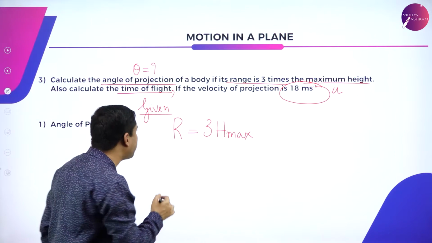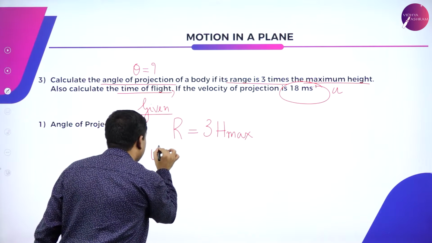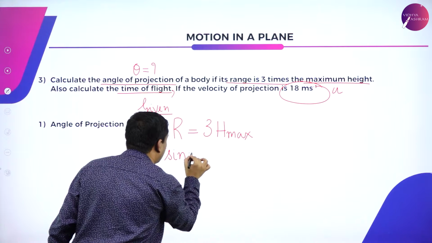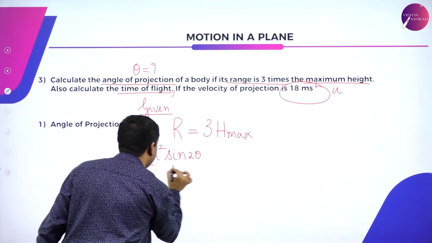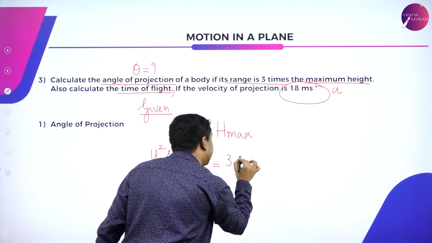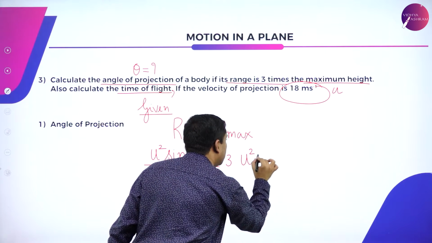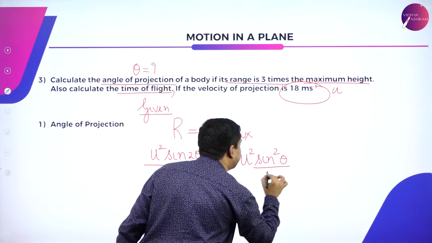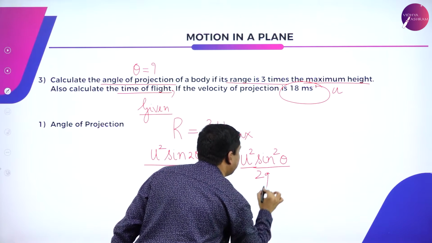Now, what is the expression for range? U square sine 2 theta by g is 3 times u square sine square theta by 2g.